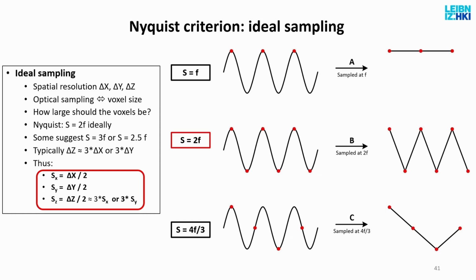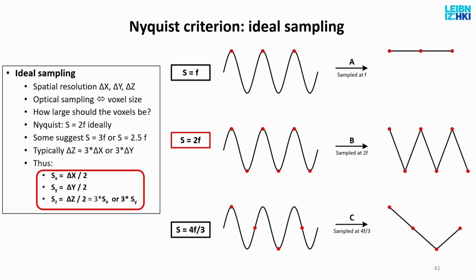So if your microscope can do 200 or 300 nanometers resolution based on the formula, then your Z resolution will be 3 times as big. So for example, from 200 nanometer lateral resolution, you have 600 nanometer axial resolution. So it's much worse, and there's nothing you can do about it.